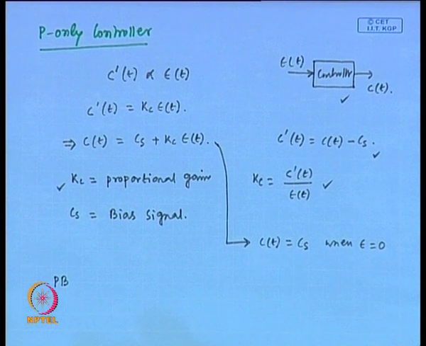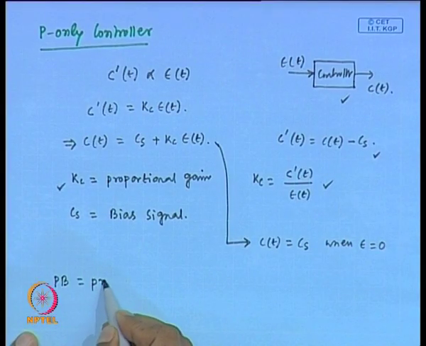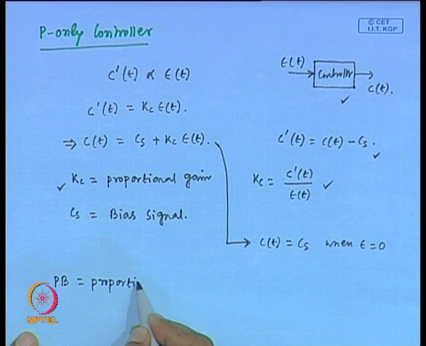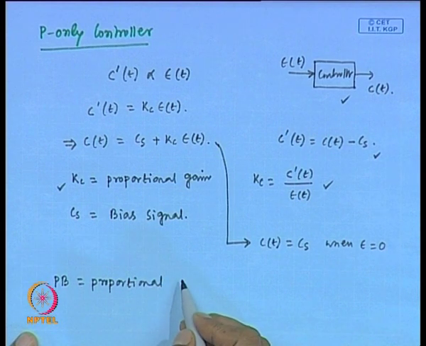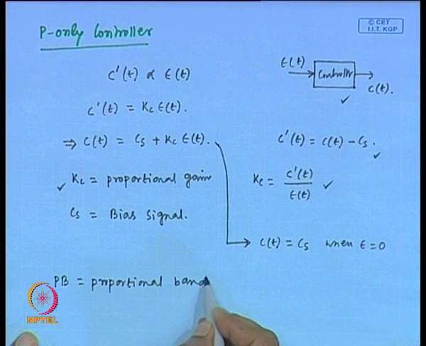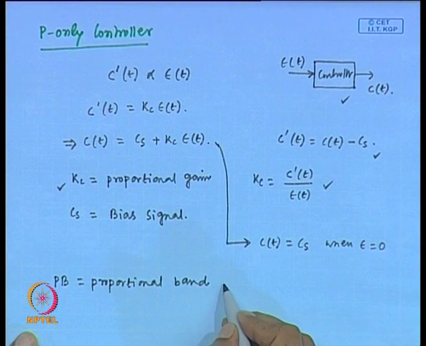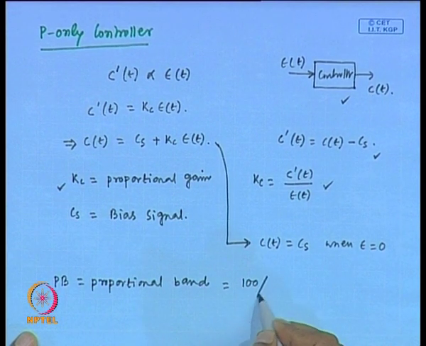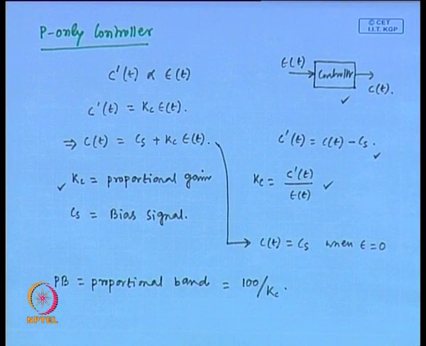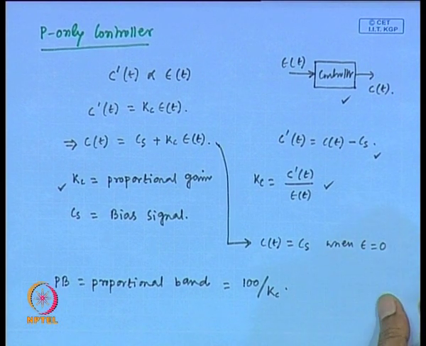One equivalent term of K C called proportional band is also used in different flow sheet simulators and in industrial practice. Proportional band is 100 divided by K C.